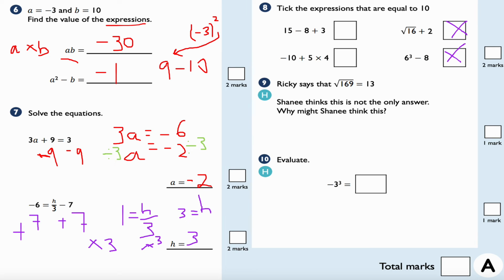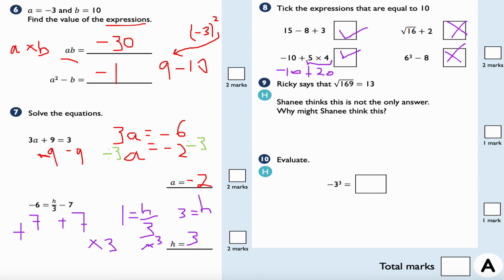This one, 15 take away 8 is 7, add 3 is 10. So that one is right. Here, using BIDMAS, so being careful here, 5 times 4 is 20, minus 10 plus 20 does indeed give me 10. Yes, so I can tick this box.